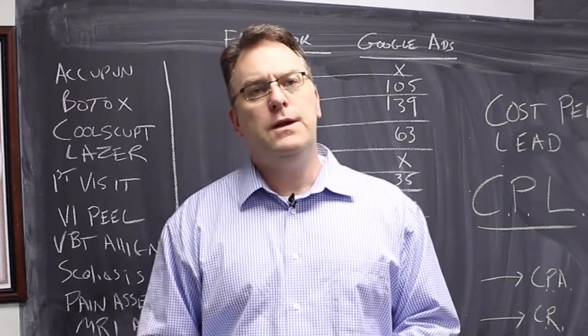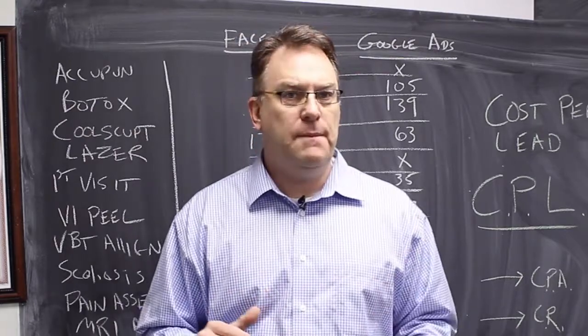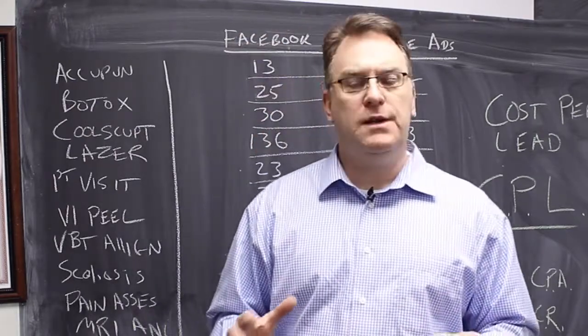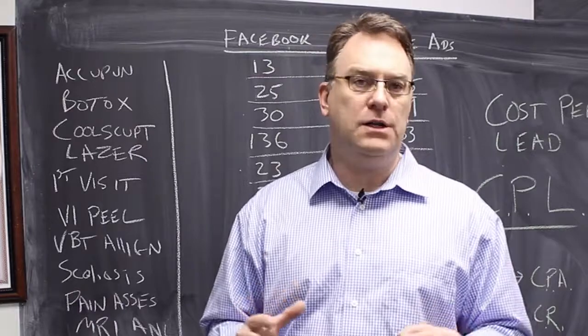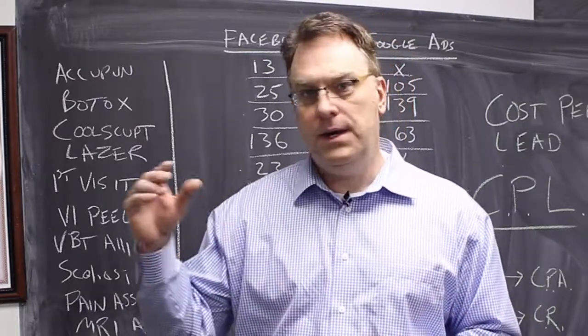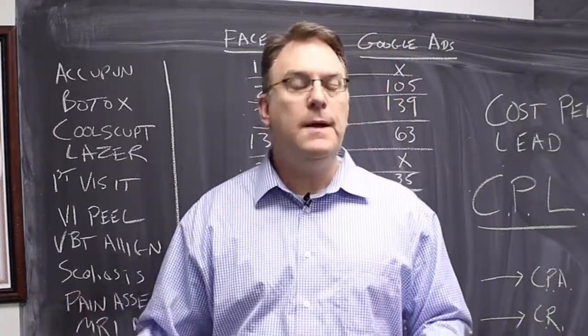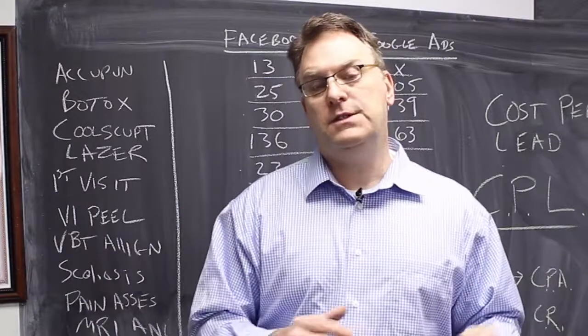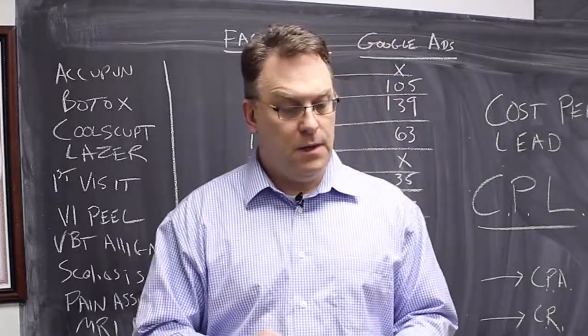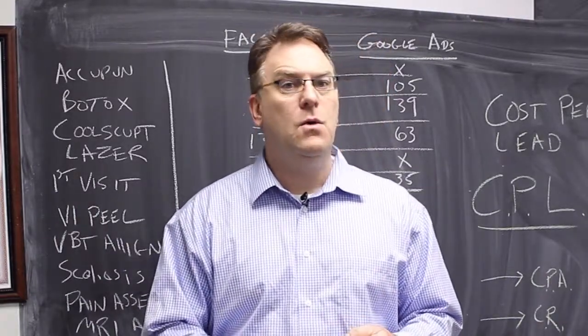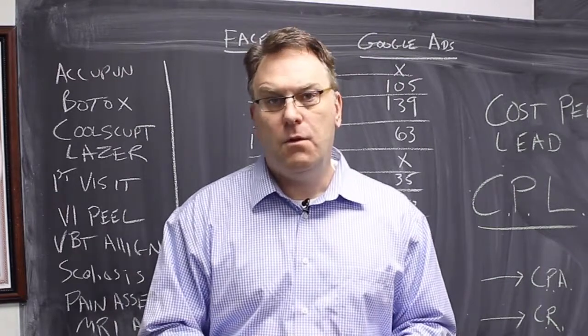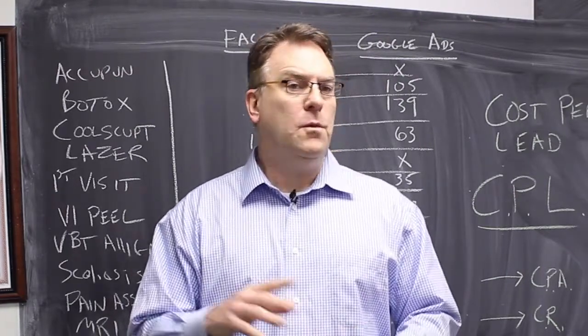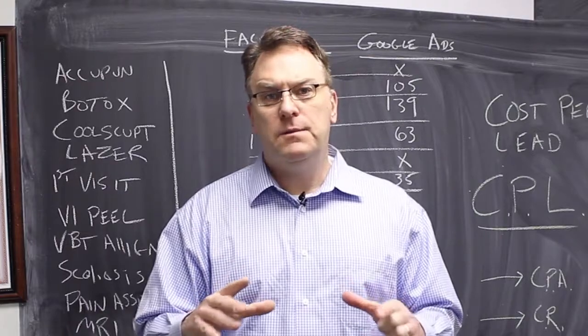What we try to do when we manage a campaign is manage the process of getting a cost per lead. You put money into Google or Facebook typically, and then you want to find out what it costs to get a lead in. A lead could be an email, a phone number, or a full contact form that might include some information.